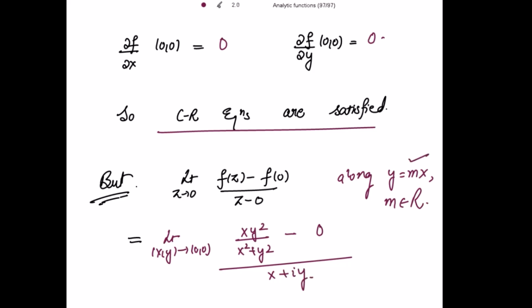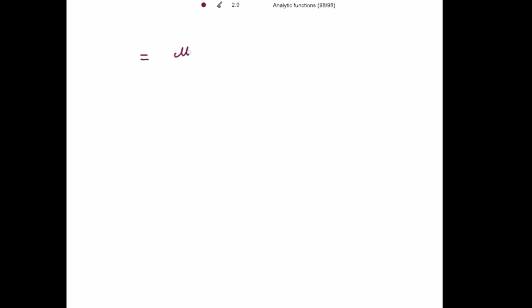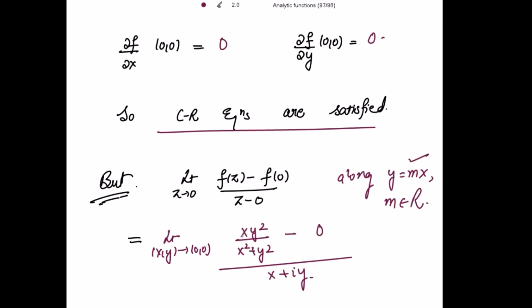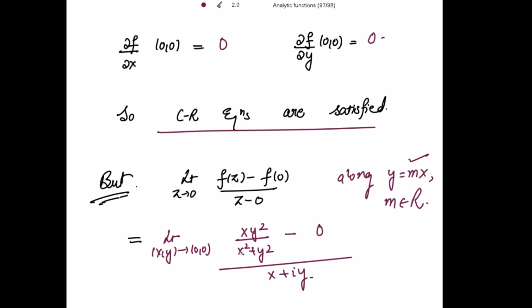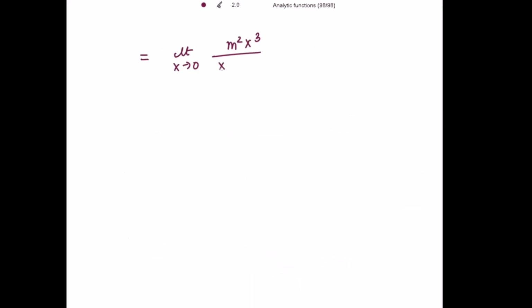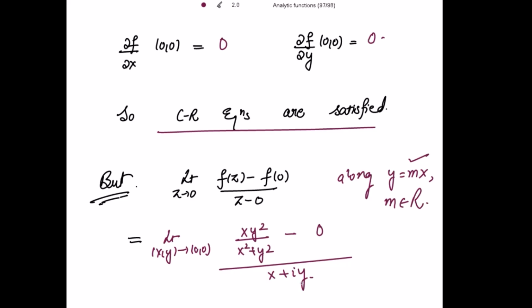Now taking y equal to mx, this is the limit as x tends to 0, and in the numerator x into m squared x squared, right? So I am writing m squared x cubed divided by x squared plus y squared, that is x squared plus m squared x squared. Taking x squared common, this is 1 plus m squared, right? And 1 divided by x plus iy.